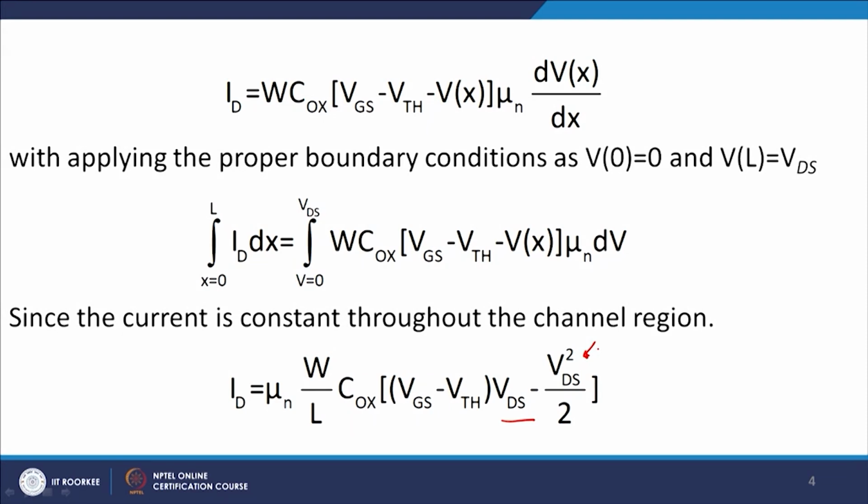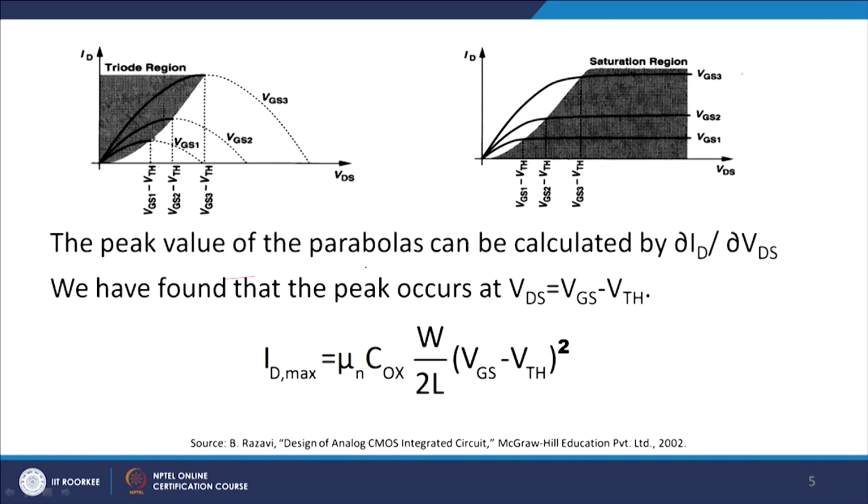If you look at this, basically from the previous discussion, this is a parabolic equation, and if you find del ID del VDS, then you can find the peak of the parabola, which can be calculated by del ID del VDS, differentiating for various values of VGS. Now, if you plot ID versus VDS for various increasing values of VGS, VGS3 is greater than VGS2 is greater than VGS1.